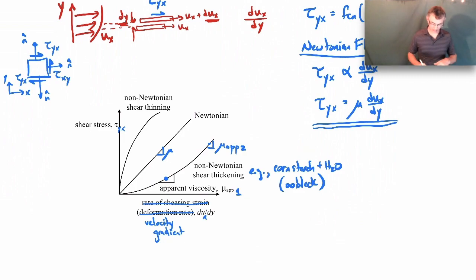Now there's another kind that I'll talk about, and that's the curve here. This is a non-Newtonian shear thinning fluid. Here you can see that the apparent viscosity at point 1 is larger than the apparent viscosity at point 2. So the more you shear the material, the easier it flows. An example of this would be paint. If you dip a brush into the paint bucket and pull it out slowly, it'll drip a little bit, but you don't want it to all fall right off your paintbrush right away.